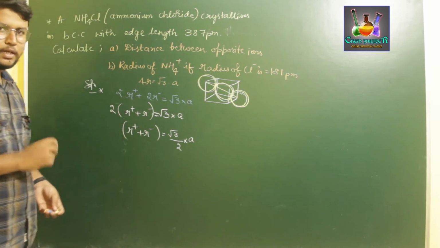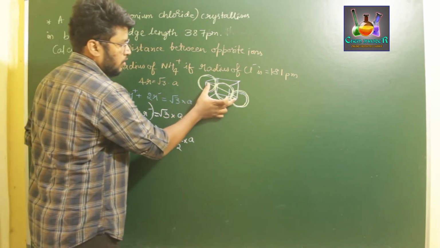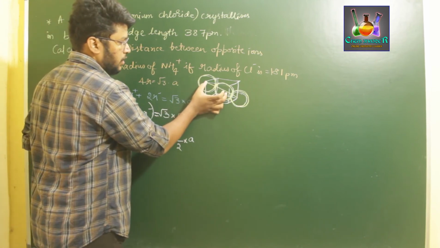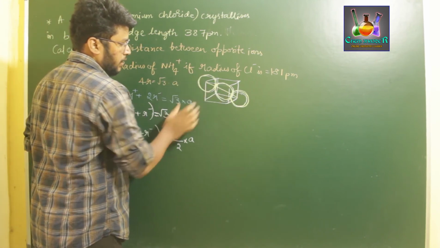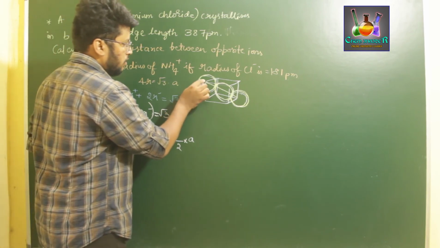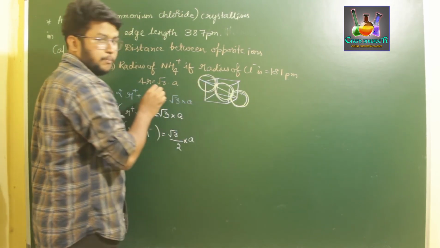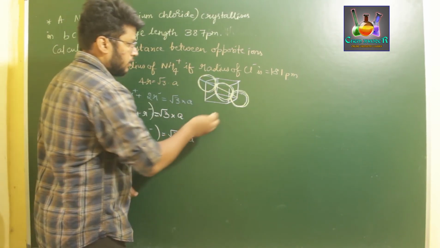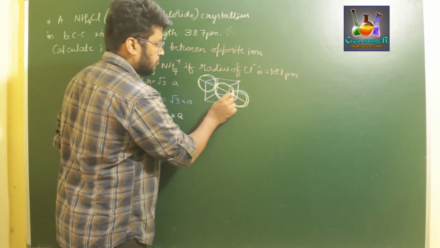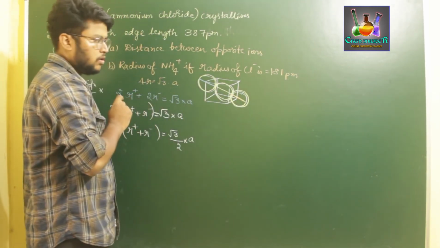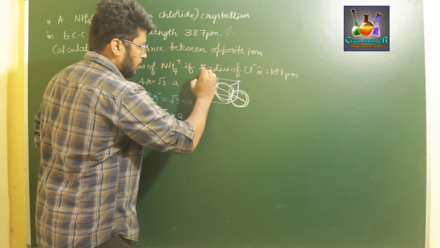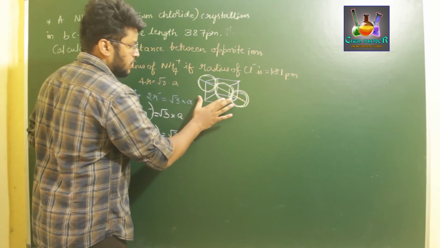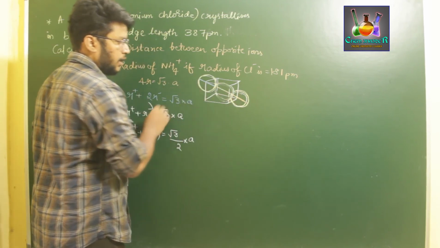How am I getting this? Just imagine, instead of taking 3 atoms, I am just shifting 2 atoms, so that we get the complete radius. So this is 2r of cation, this is 2r of anion, and this is 2r of anion. Now I am pushing this downwards and this upwards in such a way that I am completely removing the center atom.